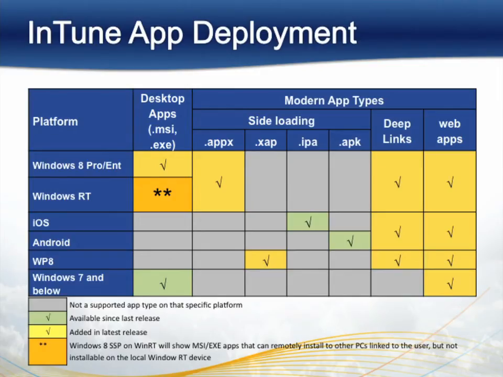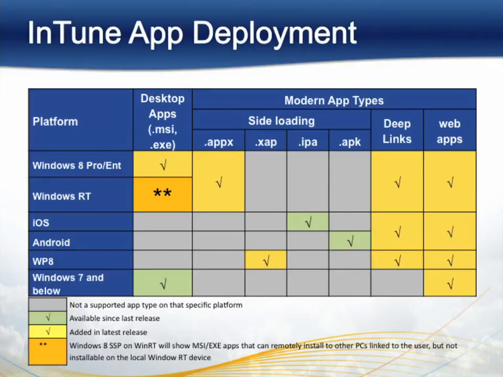From an app deployment perspective, these are the various types of applications that you can deploy, and the types of devices that you can deploy it to. So from a side loading perspective, for RT, iOS, Android, Windows Phone 8, there's the different extensions that it supports.